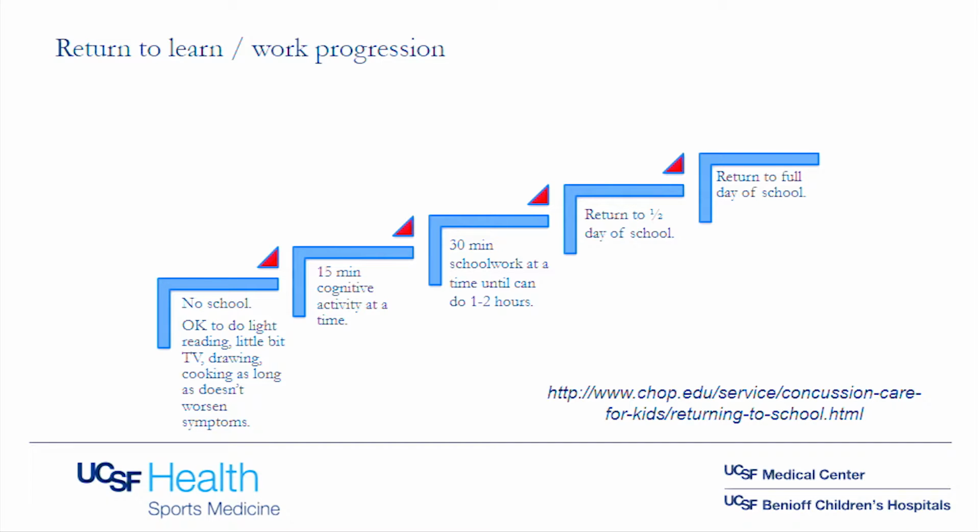So after a few days of rest, as tolerated, starting to do more cognitive activity at home and gradually into school. And this graphic just shows one idea of how that might look. I recommend that students set a timer at home, do say 15 minutes of work, see how they feel. If that goes well, set a timer for 30 minutes and so on. And once you can do an hour or 2 at home, you can go back for a half day and a full day.